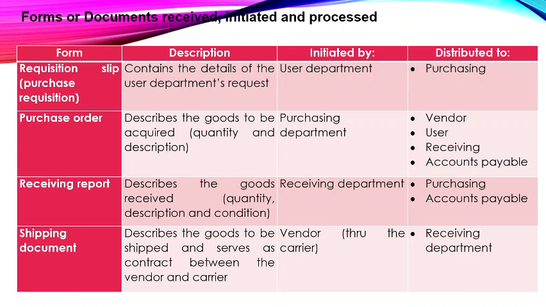The receiving report describes the goods received, the quantity, description, and condition. The receiving department prepares it, and purchasing and accounts payable receive it. The shipping documents describe the goods to be shipped and serve as a contract between the vendor and the carrier. These come from the vendor through the carrier and are distributed by the receiving department.